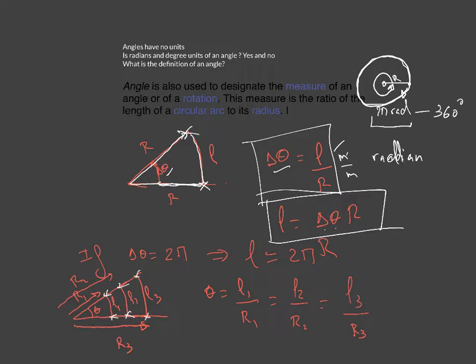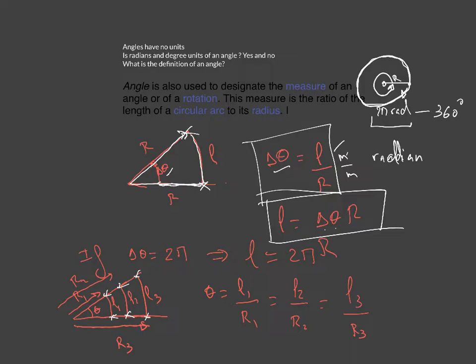It's the same angle. So the angle is the length subtended in the rotation divided by the radius r1. But r1 is this distance. Because it's the same angle, it should be equal to L2 divided by R2, this radius. And because it's the same angle, it should be equal to L3 divided by R3.